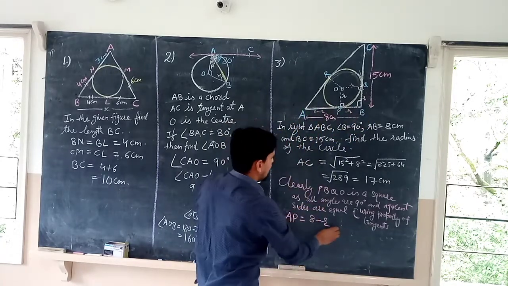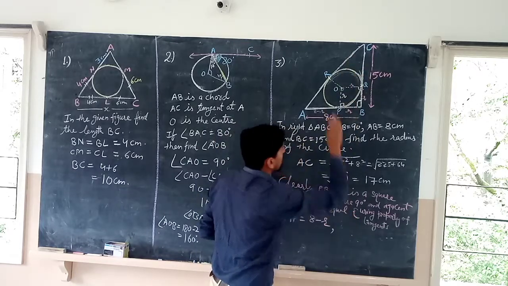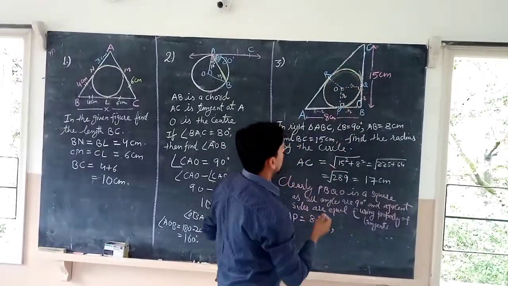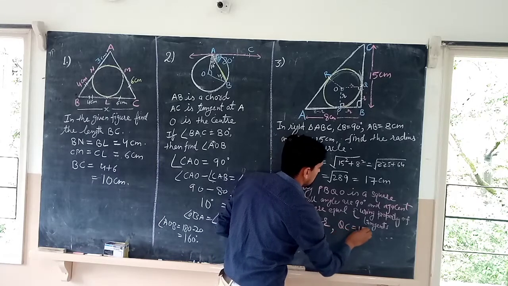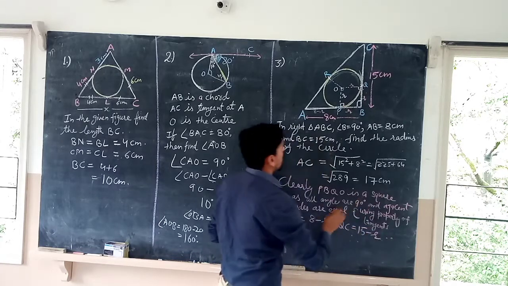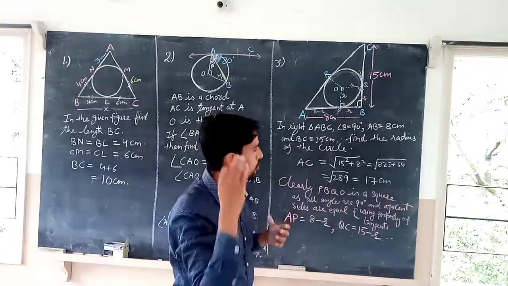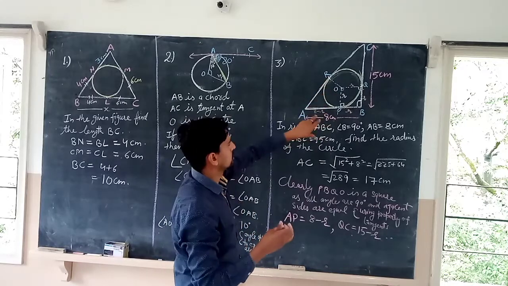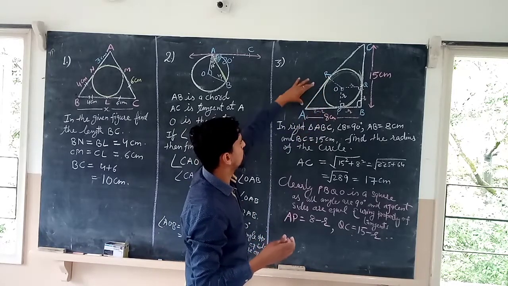Right? Similarly, I will get QC. If BC is 15 in total and this is R, what is QC? QC is equal to 15 minus R. Now, why am I calculating AP and QC? You have to think about that. Because AP is a tangent from A, the length of AP is equal to the length of AR.